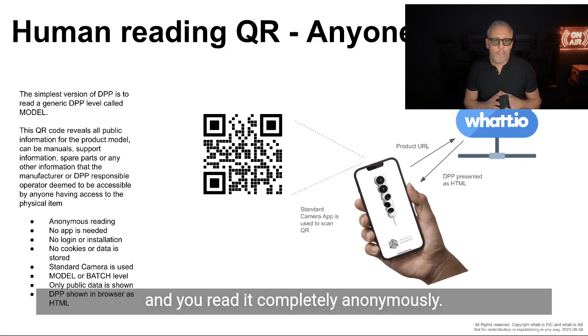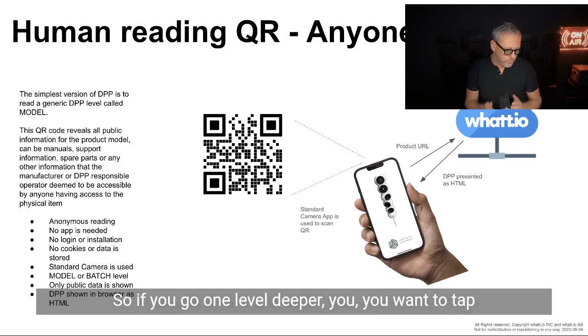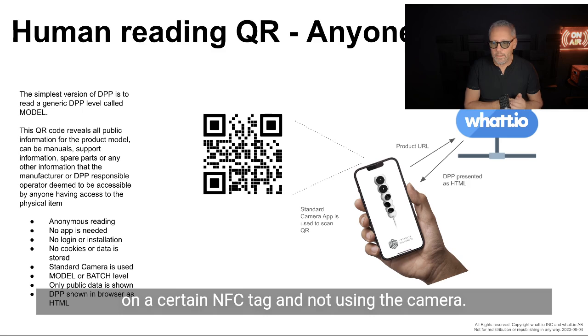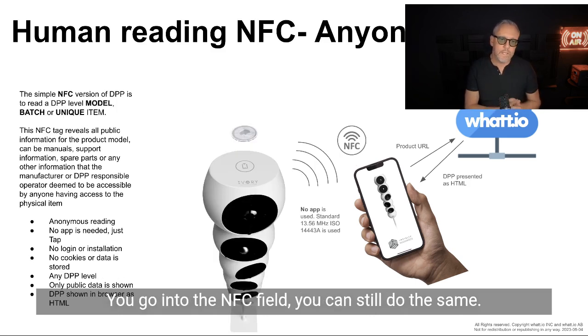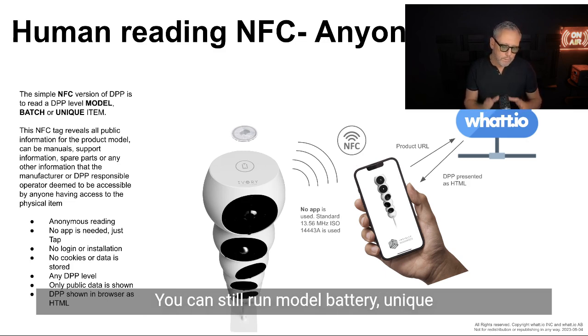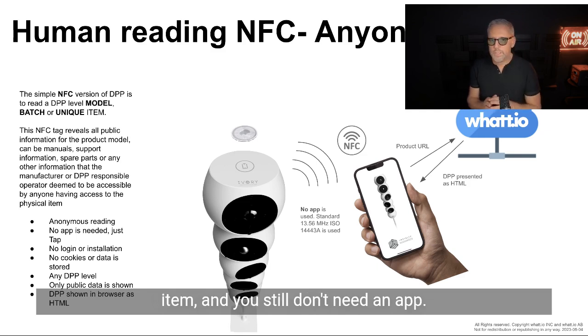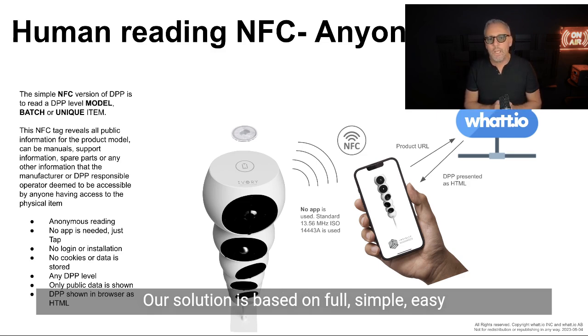So if you go one level deeper, you want to tap on a certain NFC tag and not use the camera, you go into the NFC field. You can still do the same. You can still read model, batch, unique item, and you still don't need an app. Our solution is based on full, simple, easy usage.